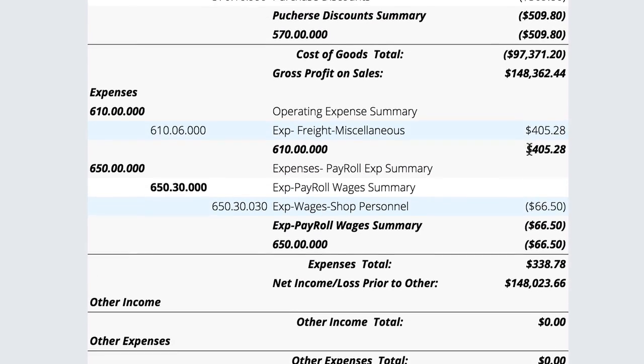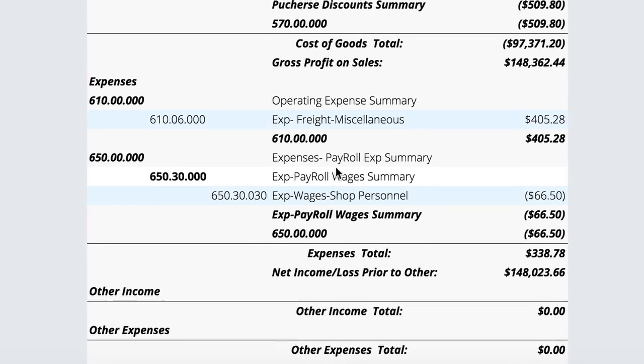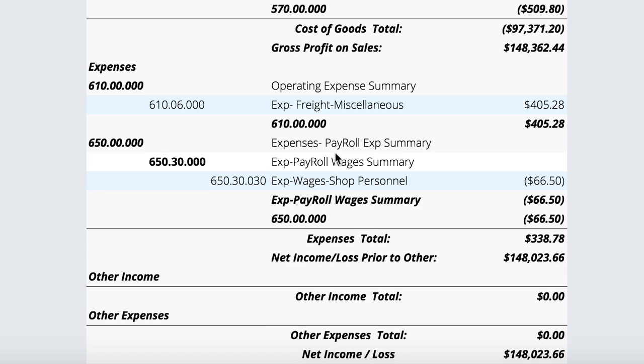And then down under that, you're going to get your operating expenses, which are basically other expenses that you've written checks for, all of those types of things: your rent, your telephone bill, all of the extra things that go into running the business. And you're going to end up with an expense total. And then we've got our net income and loss section, which will tell you how much money you've actually made in the company.